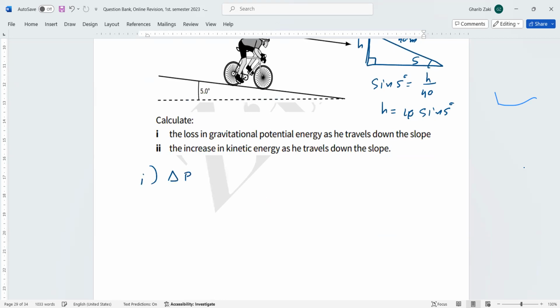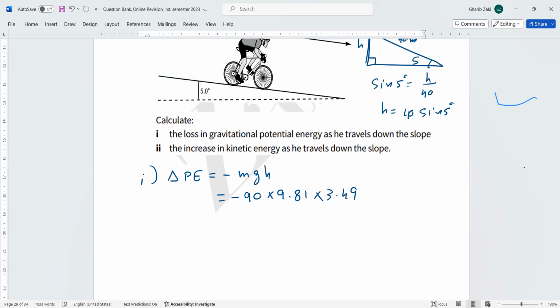So delta GPE, potential energy, equals negative, because negative means loss. Negative mgh. So it's negative 90 multiplied by 9.81 multiplied by 3.49, the vertical height.